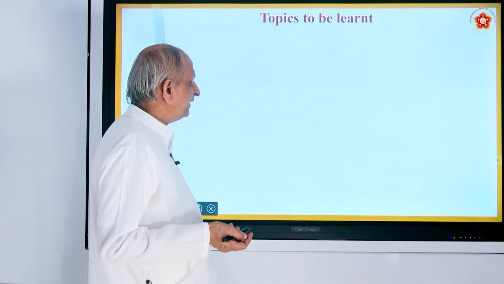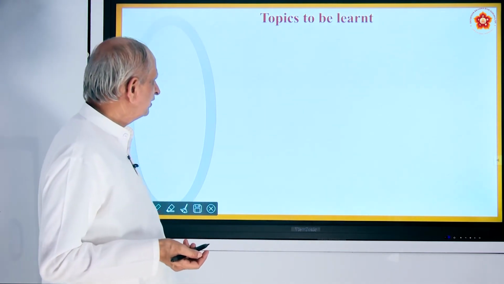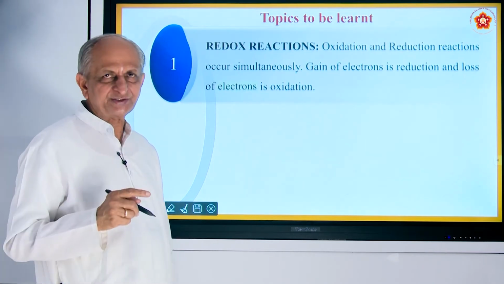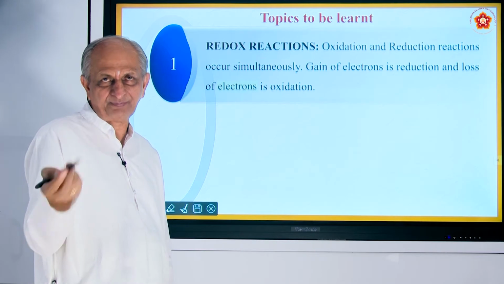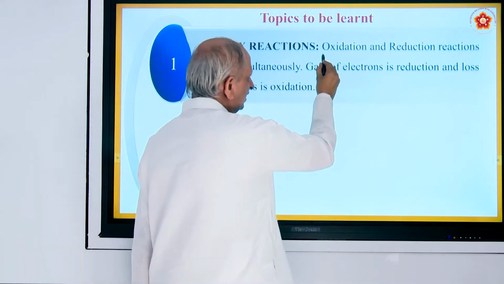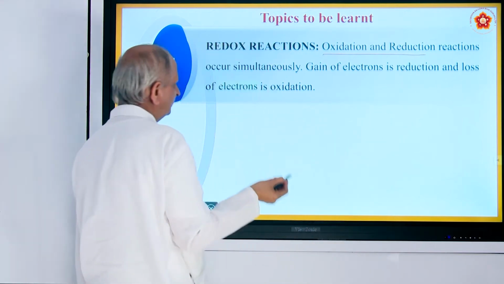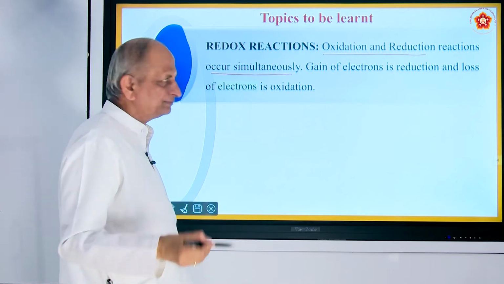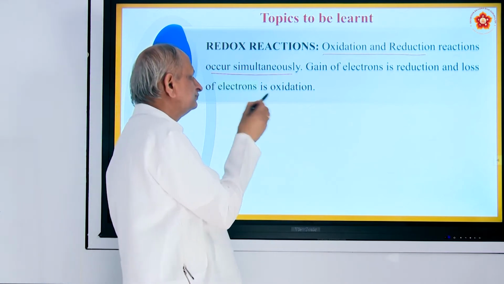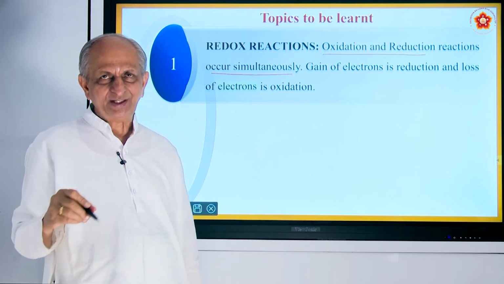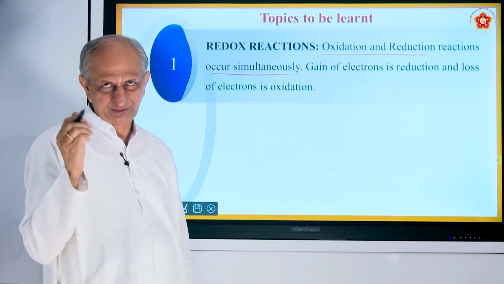Now today's topic, the first topic we are going to study is about redox reactions, just a continuation of the previous lesson. Oxidation and reduction reactions occur simultaneously, meaning together. So when one substance is oxidized, another substance is reduced.